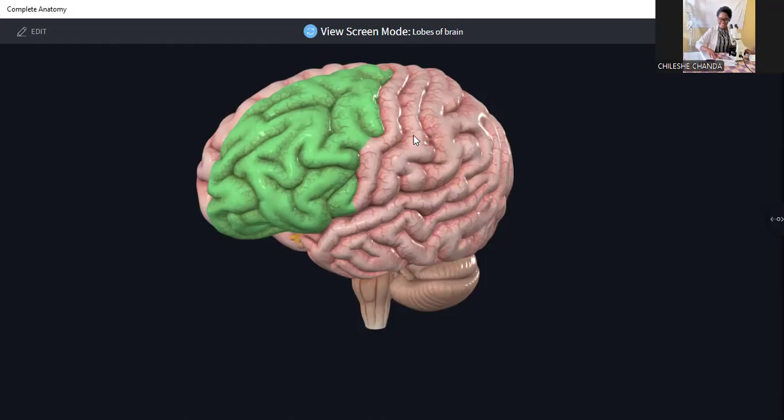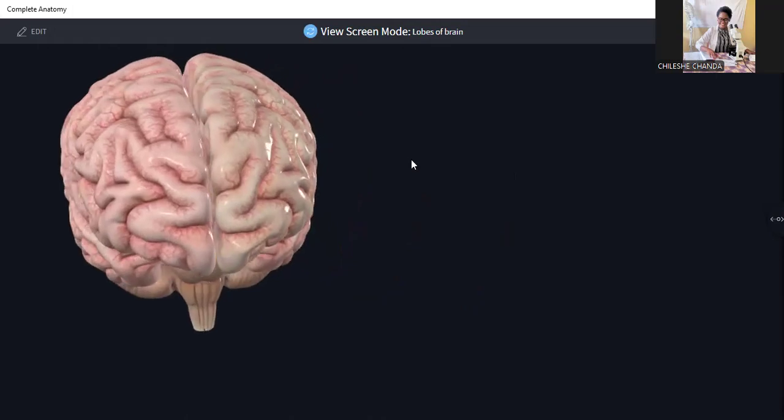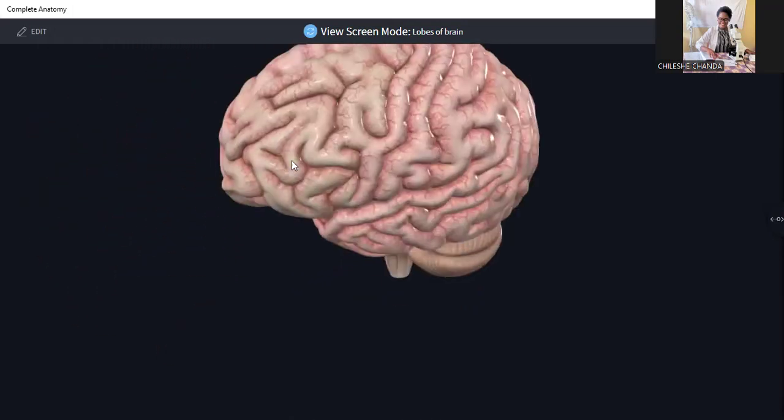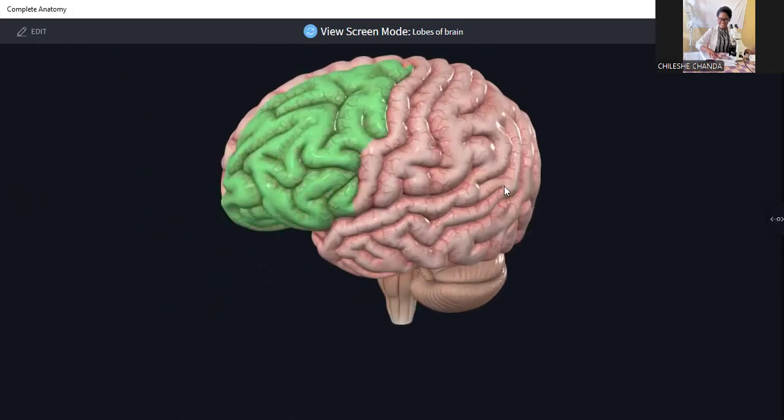First of all, we will notice that each hemisphere has three surfaces. We have the superolateral surface. This is the surface that you're able to see once you look at the brain on the lateral aspect, and it is convex and related to the cranial vault.